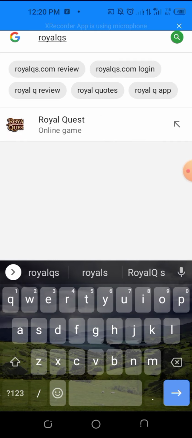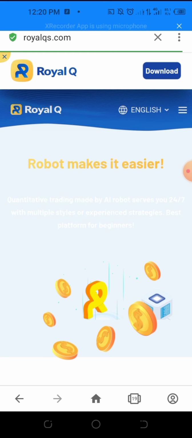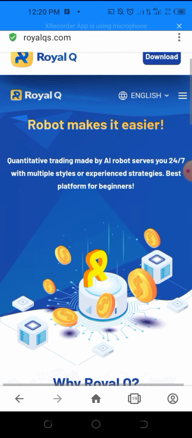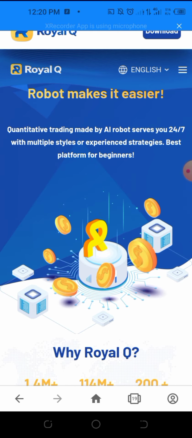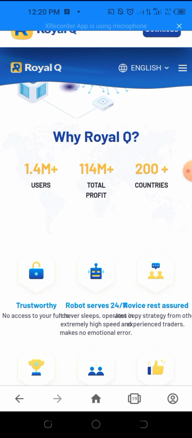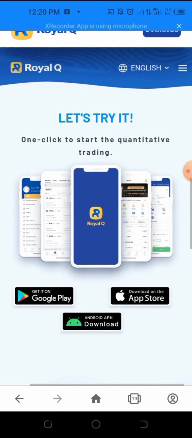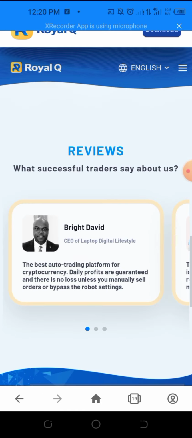But this same RoyalQ has been in existence for some years now, and you can see RoyalQ makes it easier. It's a quantitative trading made by AI robots. It works 24/7, even while you are sleeping. Currently, RoyalQ has over 1.4 million users. It has over 114 million total profit in over 200 countries. So this is not a bot that you ever joke with.